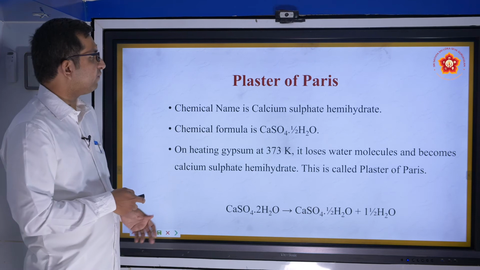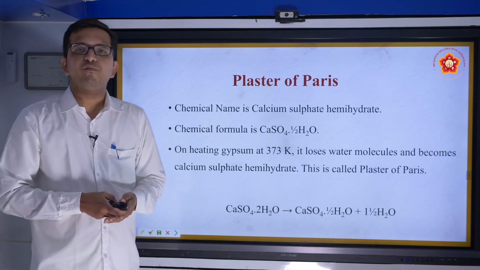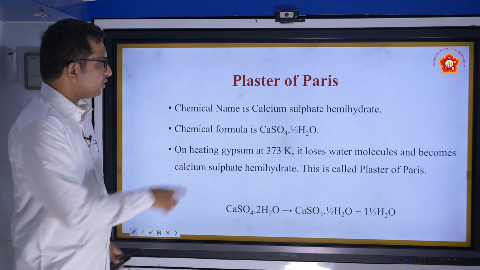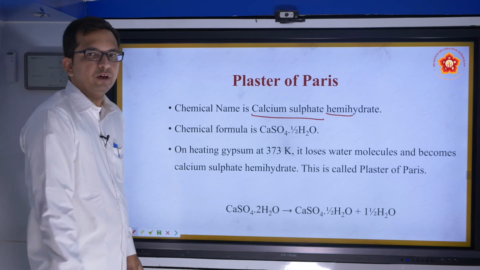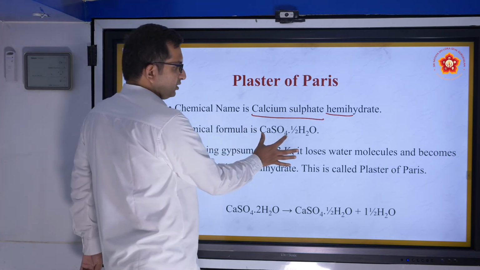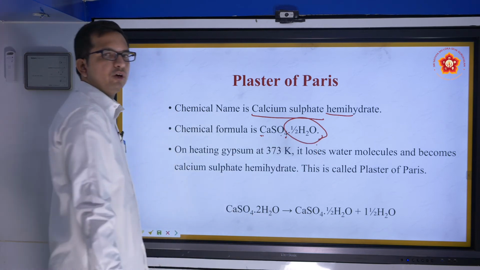And then we have one last salt, which is plaster of Paris. Now the chemical formula is calcium sulfate hemihydrate. Hemi indicates half. So what it indicates is that calcium sulfate, CaSO4, is combined with just half a molecule of water.